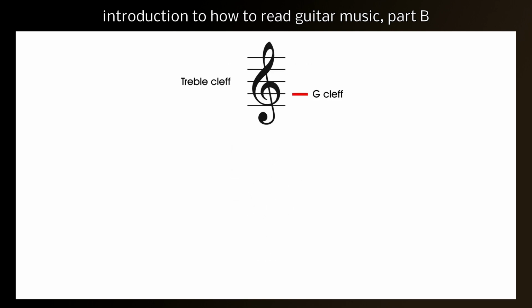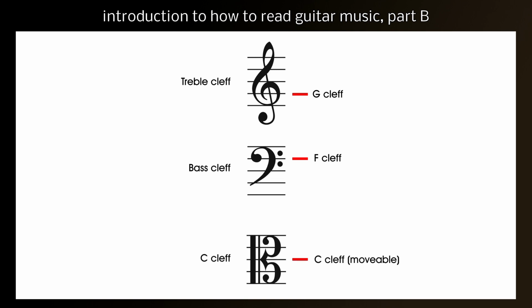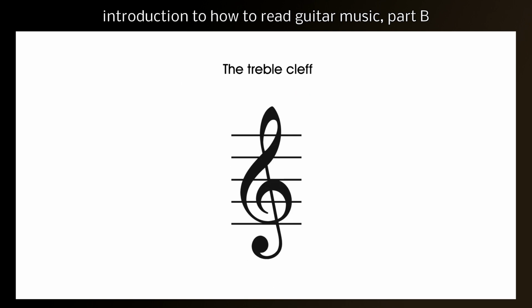However, just so you're aware, there are other clefs. There's the bass clef, which is fairly common, and the C clef, which moves around. What we'll be learning in this particular course, and how we read music off the stave, only applies to treble clef. So stick with treble clef for the time being.